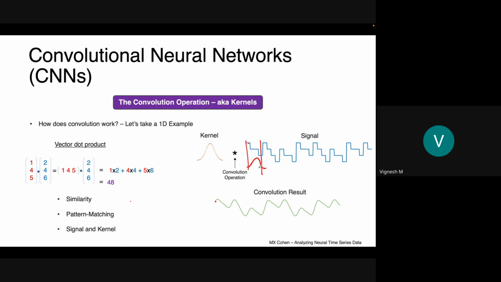The result of this. Then I'm sliding this over. I'm taking the next window, computing the vector dot product, putting the result, and so on and so forth. So as I shift this kernel over the signal, this is the output that I'm getting.